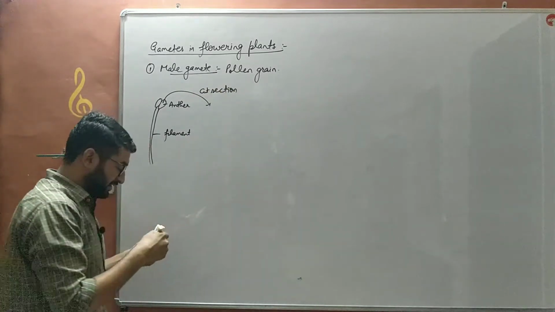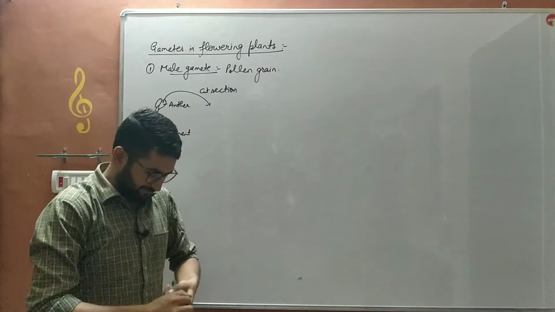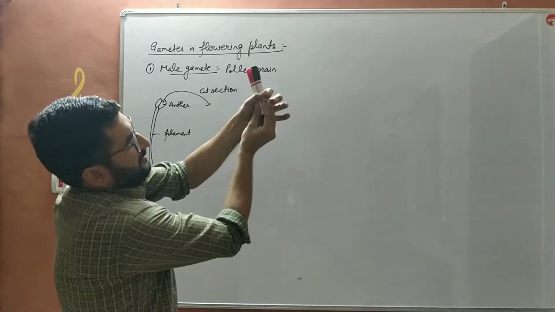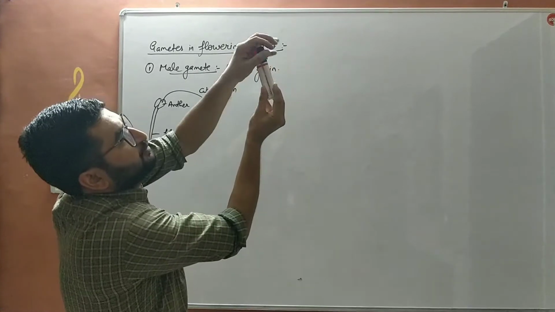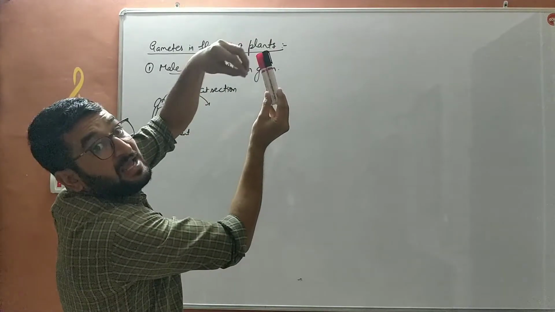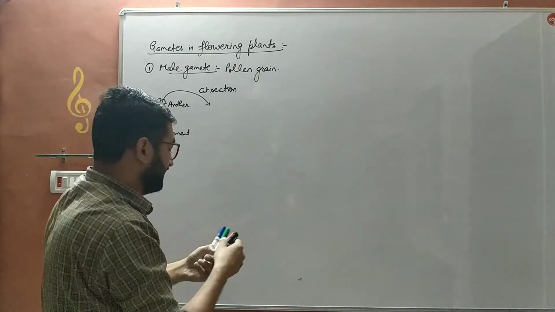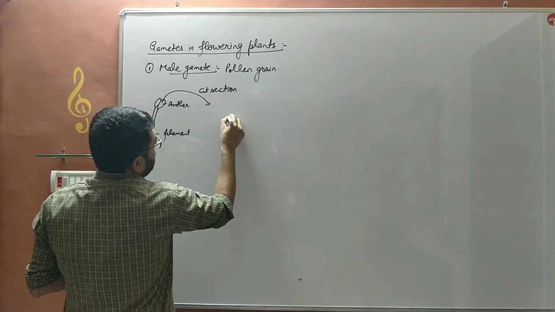What do you mean by cut section? Let us suppose this is the anther which lies over. My hand acts as a filament and this bob-like structure at the top is anther. If we cut it from the middle and we observe it, then it looks like this.